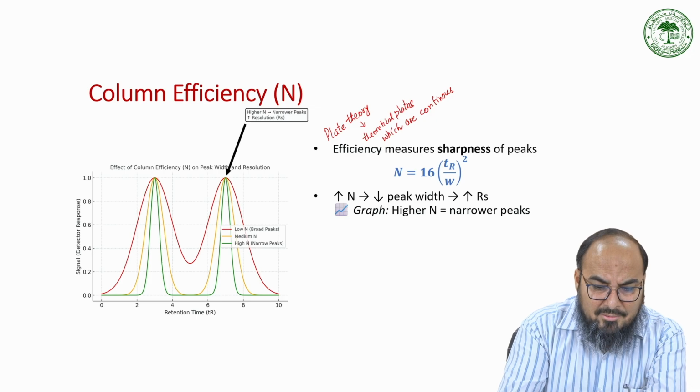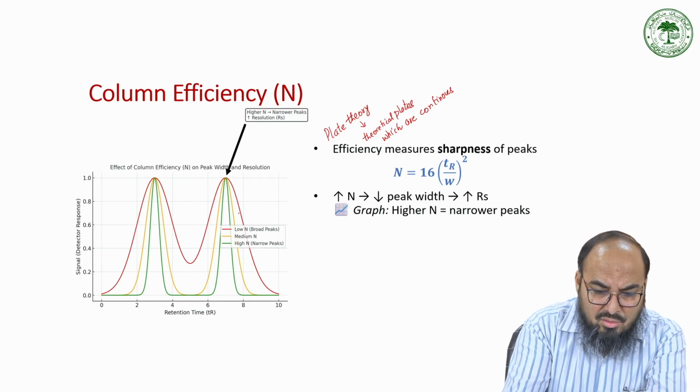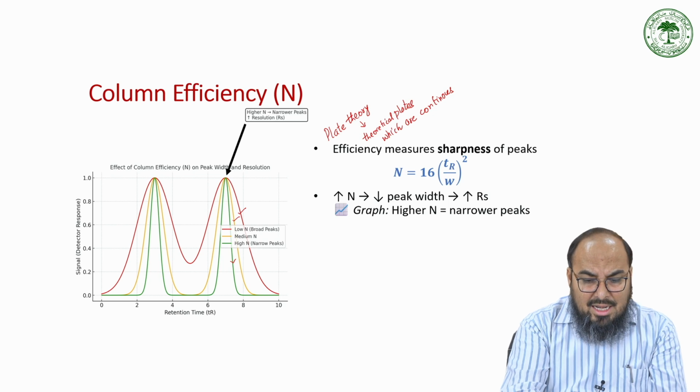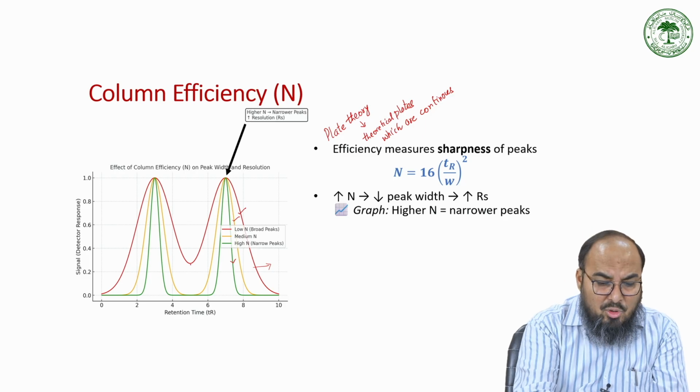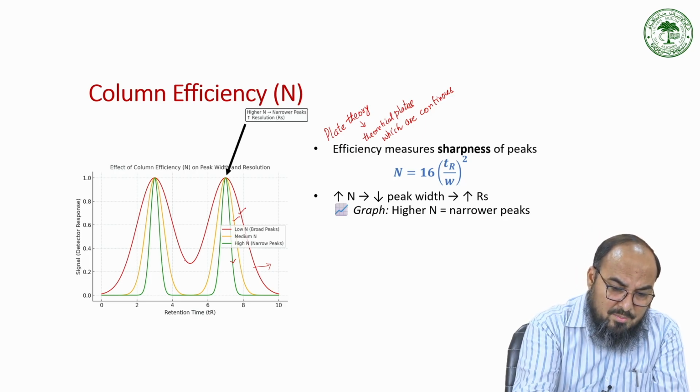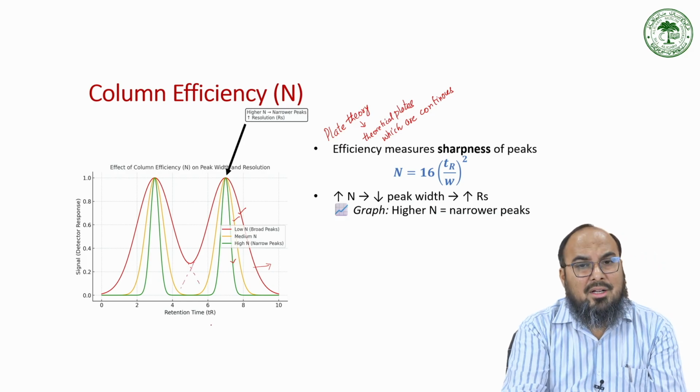Now you can see that we have red, yellow and green. In case of the red peaks, the resolution is minimum because these are broad peaks, and you can say that the peaks are not resolved. If you draw this peak, if you interpolate, then you can see that this area comes under common.